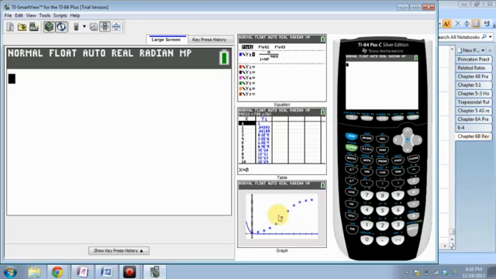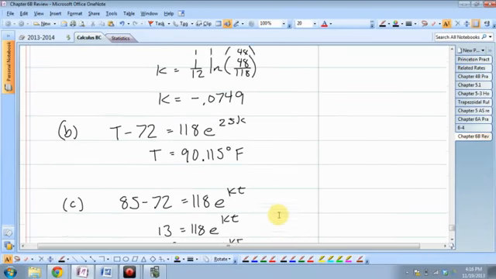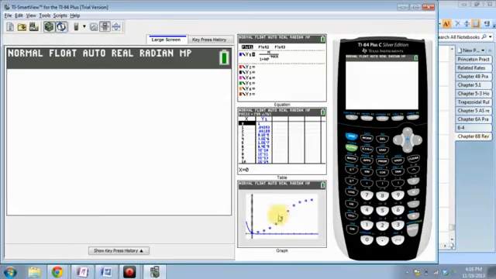What was the first calculation? First calculation was k equals 1/12 natural log of 48 over 118. We're storing that as k, right?